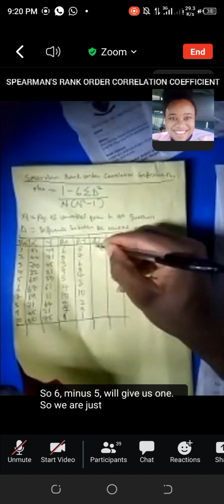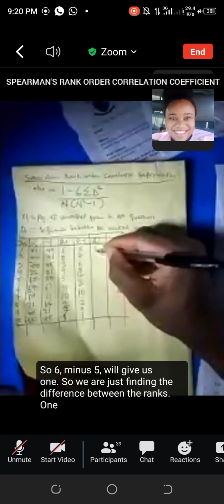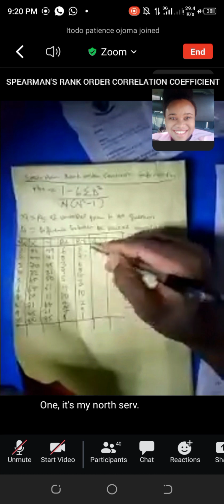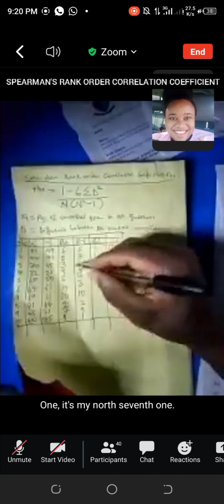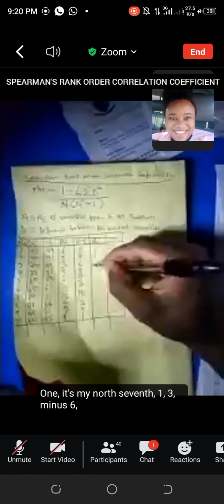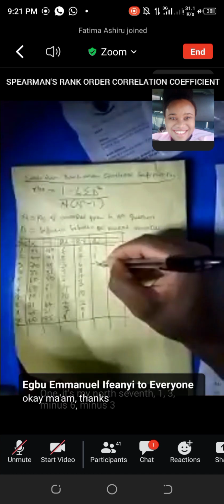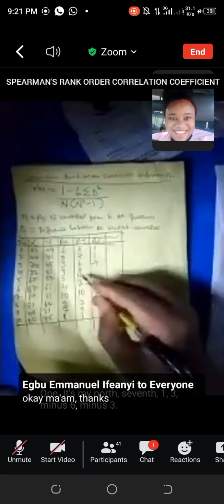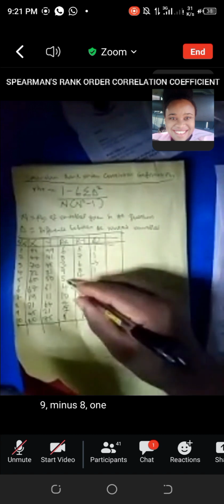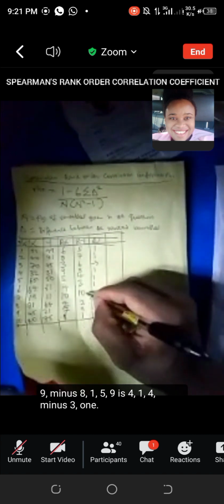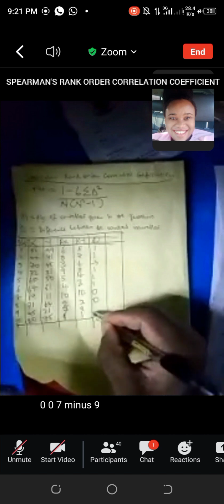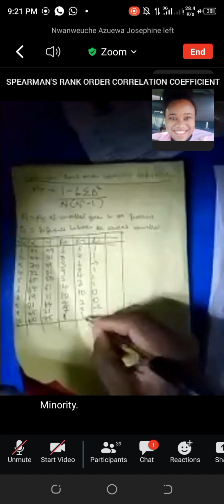So we are just finding the difference between the ranks. 1. 8 minus 7, 1. 3 minus 6, minus 3. 9 minus 8, 1. 5 minus 4, 1. 4 minus 3, 1. 10 minus 10, 0. 2 minus 2, 0. 7 minus 9, minus 2. 1 minus 1, 0.